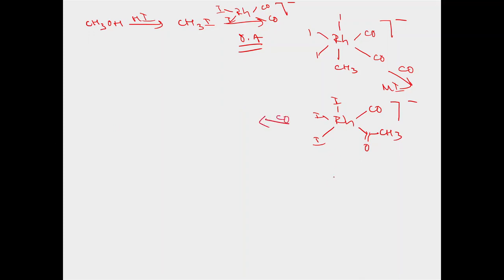Now it is having a coordination number of 5. So now CO can get a space to coordinate to this rhodium, and we will get rhodium I, I, CO, COCH3 and CO. And from here, reductive elimination takes place to give CH3COI, and this CH3COI will further react with water.